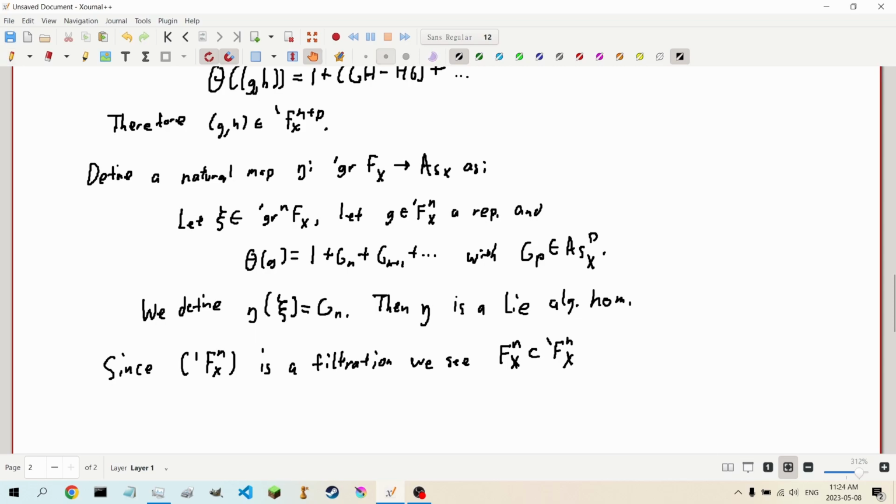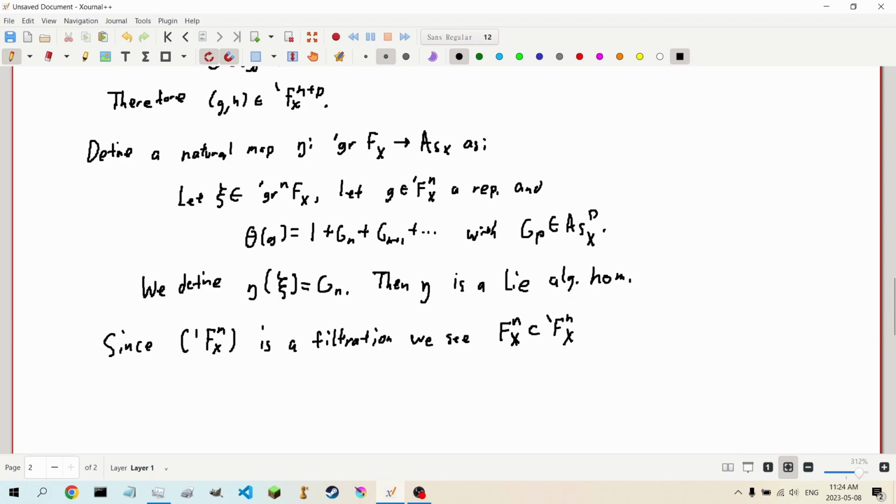It's probably not the best way to say that, but you know what I mean. Which induces a homomorphism, call it C, from the graded free group of X to the prime graded free group of X.